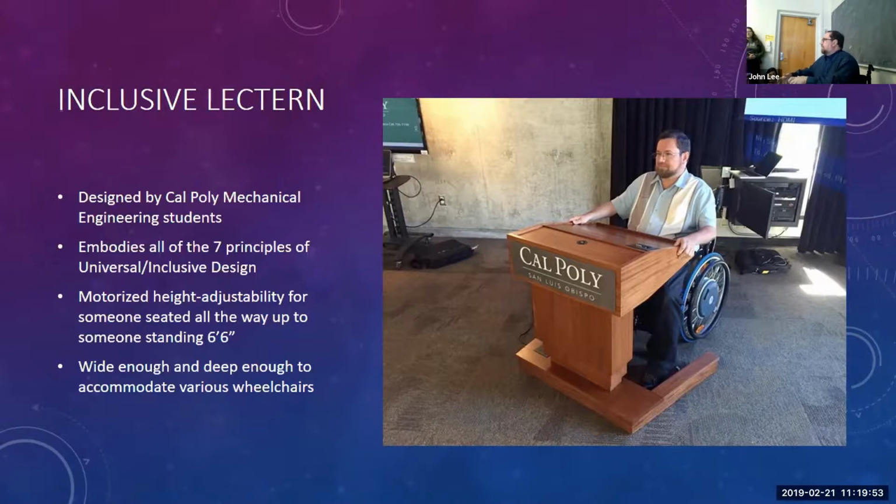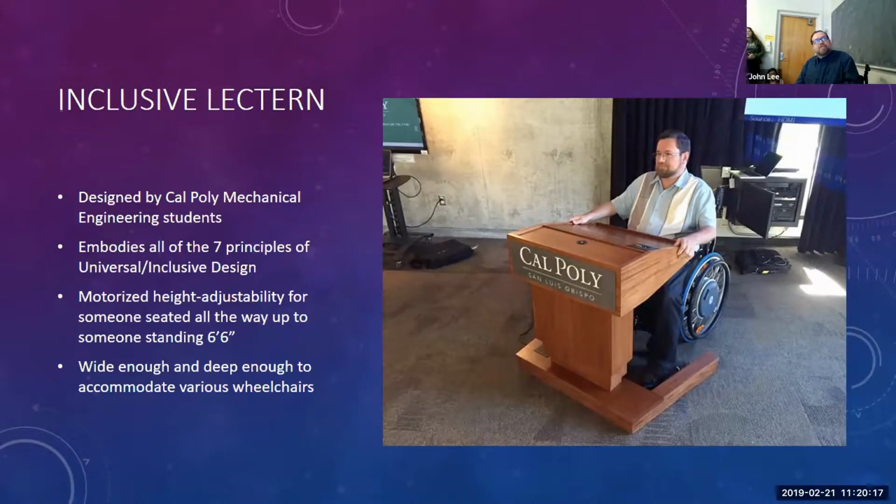You've seen those old wheelchairs that look like they're meant to be in a hospital. This is something that looks more like it fits. It has that air of grandeur, I guess. But it embodies all the principles. It's height adjustable, flexibility in use. Its size and approach for use: it's wide enough for a wheelchair, about 30 inches wide.